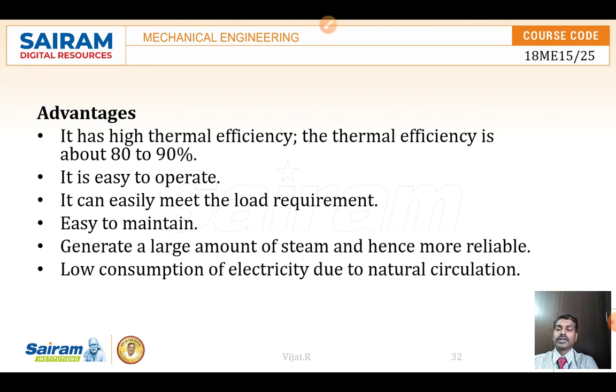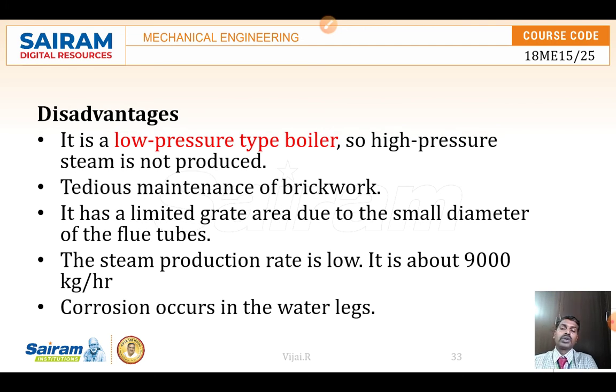The advantages are that it is easy to operate, it can easily maintain the load requirements, and it has high thermal efficiency. The fuel consumption is very low. The disadvantages are that it is just a low pressure boiler, so we cannot produce high pressure steam in this.